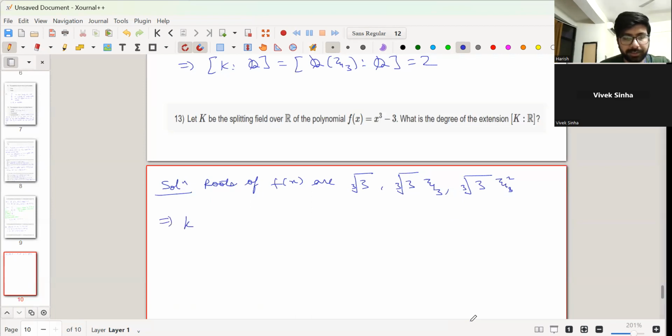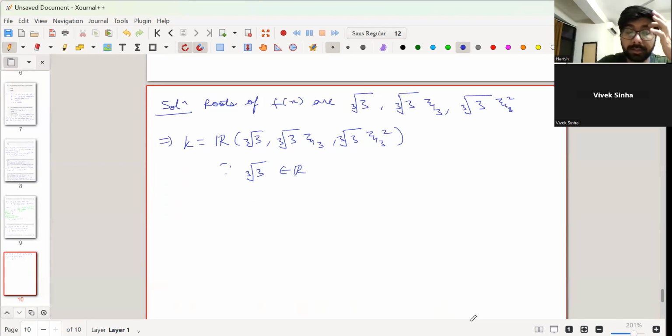This implies K is R adjoined with these three. Now since cube root of 3 is a real number, therefore K is just R adjoined with zeta 3.